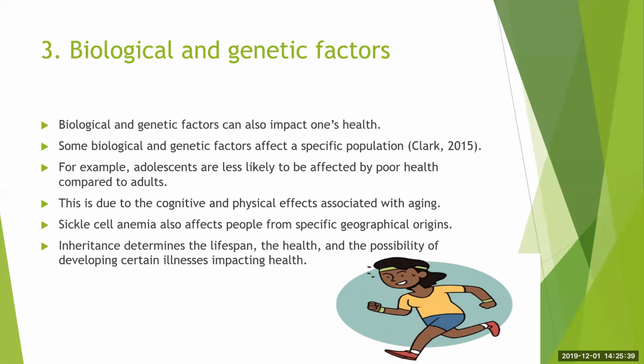This is due to the cognitive and physical effects associated with aging. Sickle cell anemia also affects people from specific geological origin. Inheritance determines the lifespan, the health, and possibility of developing certain illnesses impacting health.